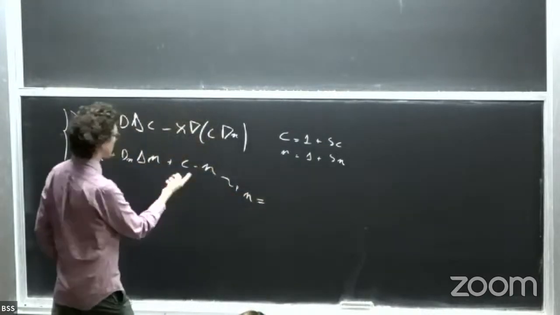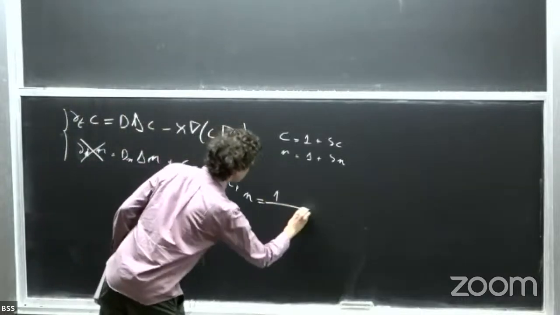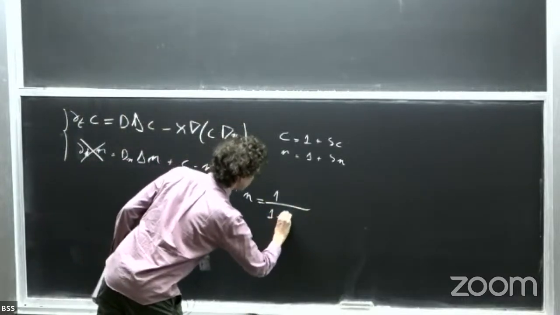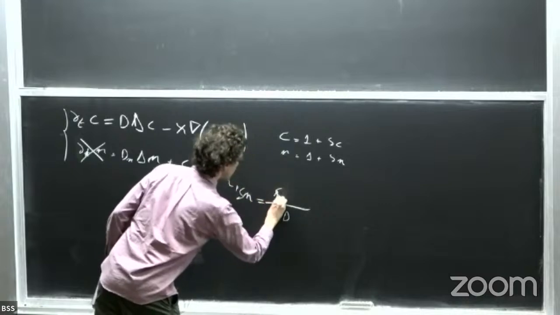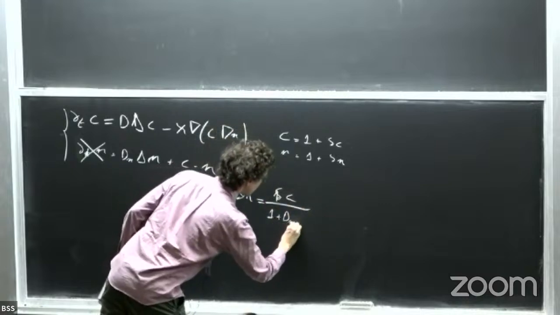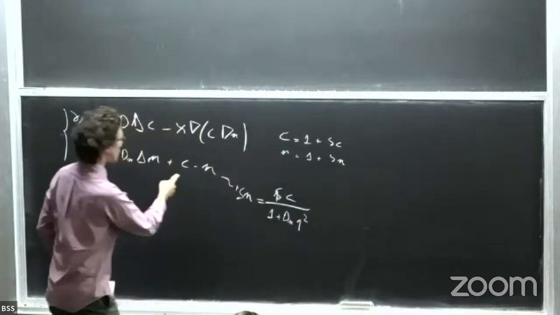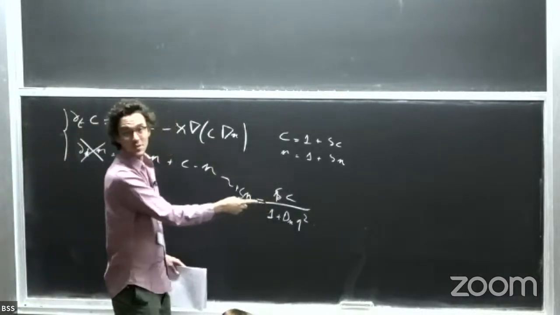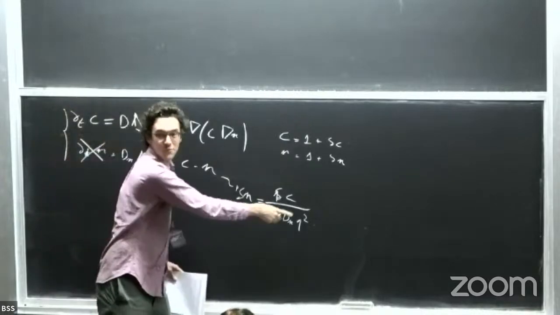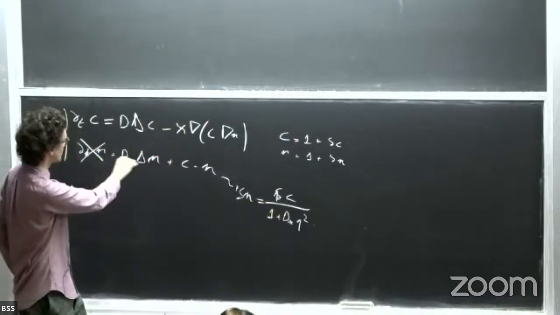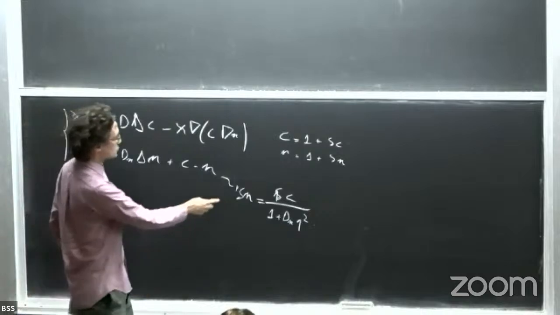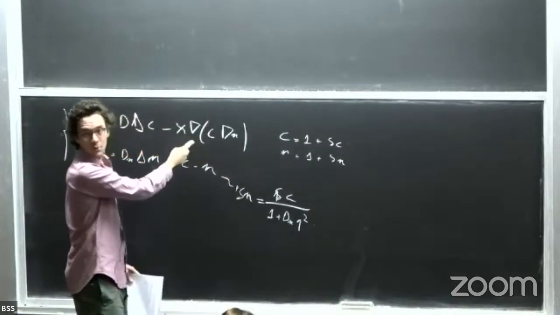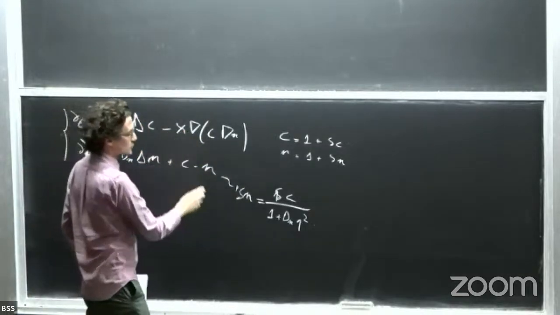If you look at this in Fourier space, you get essentially that delta N is equal to delta C times D_N q squared. Basically, what this tells you is that N follows C up to some sort of operator that makes it diffuse. And what you can do is reinject this to linear order in this equation.